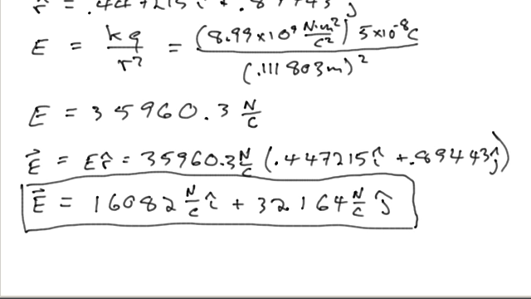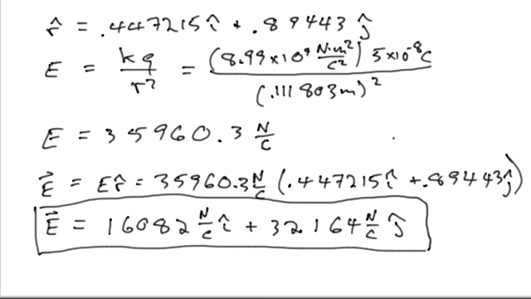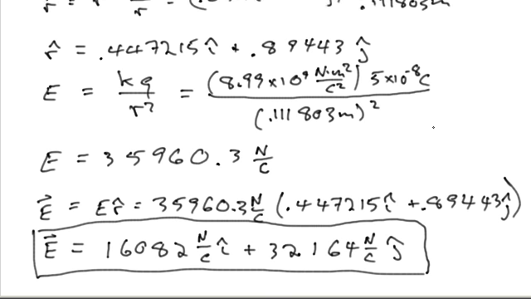But if I've done this correctly, then the electric field for this particular case should turn out to be 16082 newtons per coulomb I plus 32,164 newtons per coulomb times J.